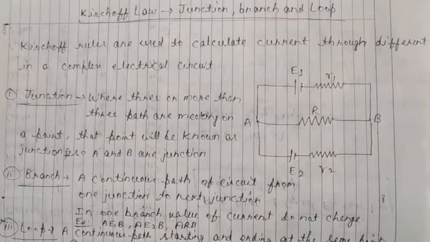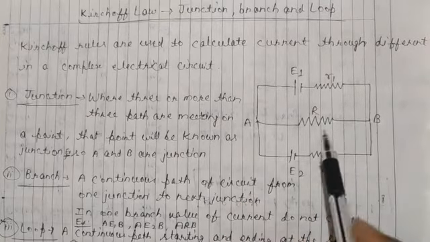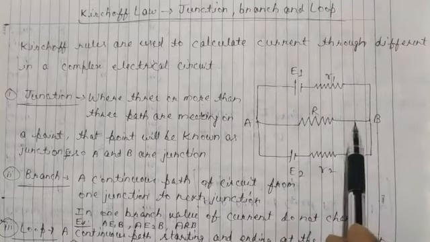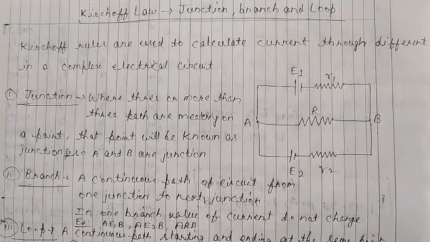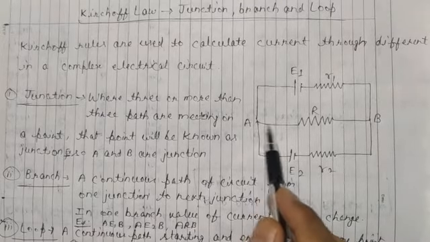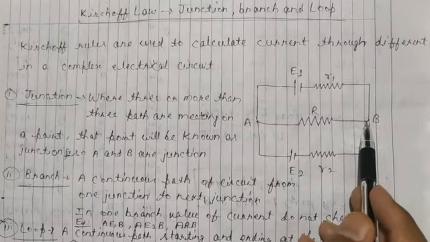Its speciality is, since from one junction to the next there will be no other junction on the way, if a current starts from here which has to reach here, it will not change its value on the way.